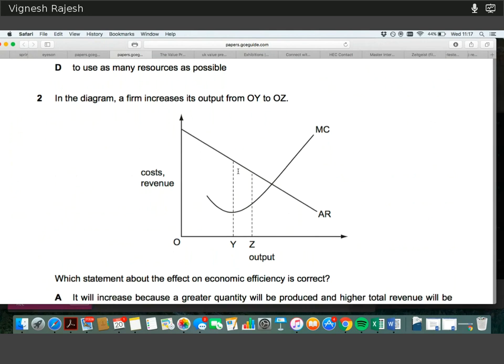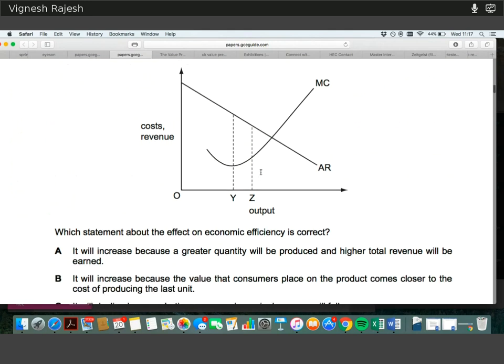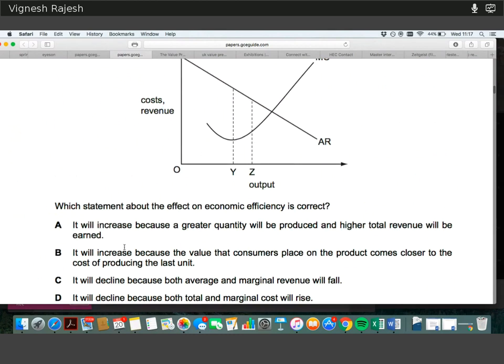And therefore, as the quantity increases, the price falls, and the price therefore reaches a closer point to this efficient level. And therefore, it's the idea of B, where the increase in quantity means that the price at which consumers value the good, reflected by the point of intersection of Y and Z respectively on the AR curve, falls, and therefore becomes closer to the marginal cost, which is the point at which Y and Z intersects with the MC curve.